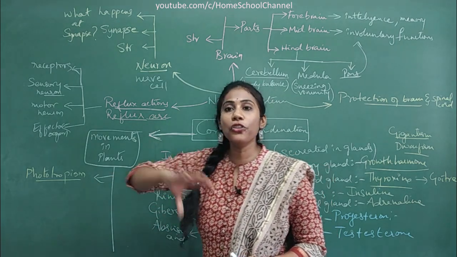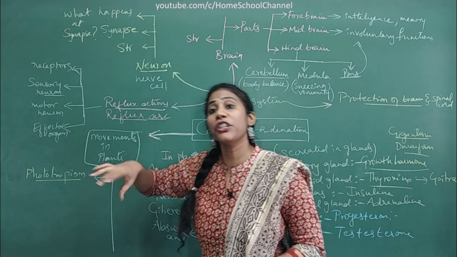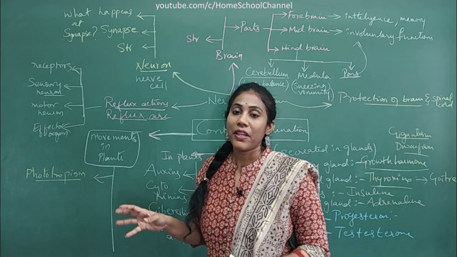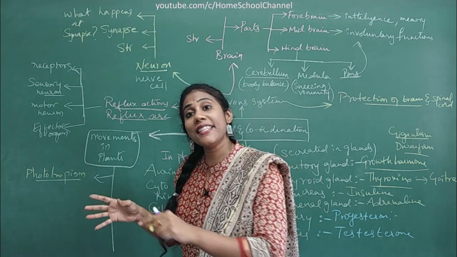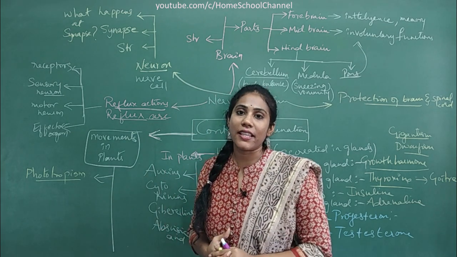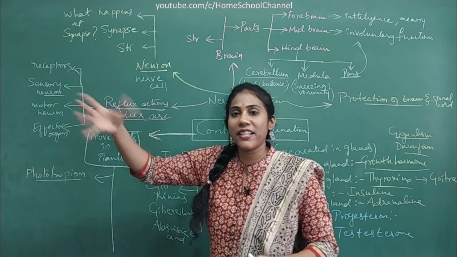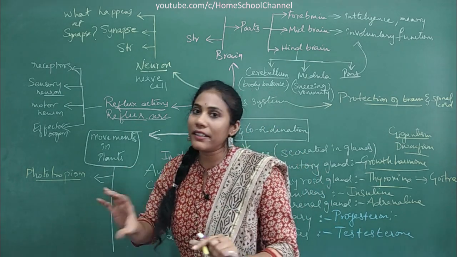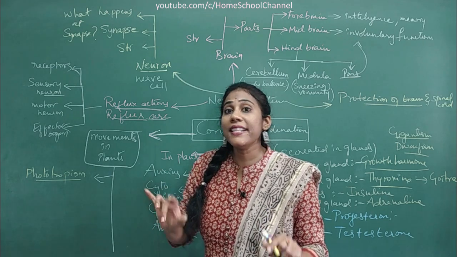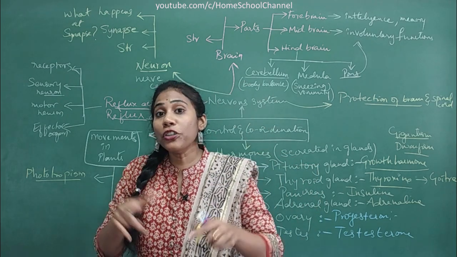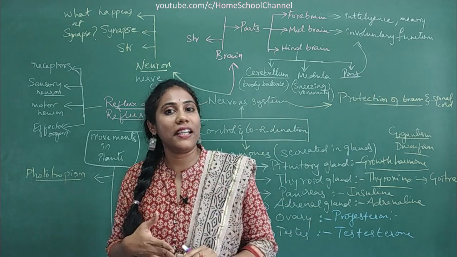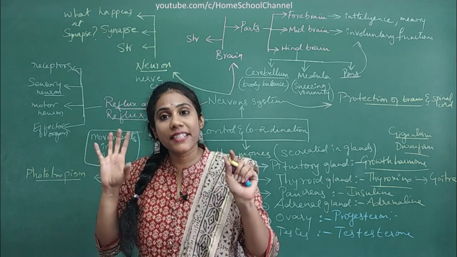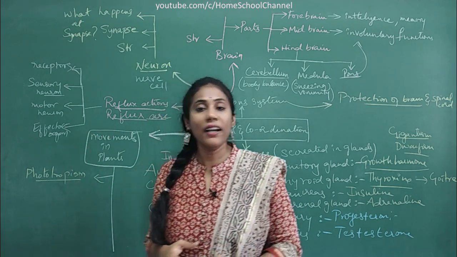So here shoot or stem is positively phototropic, we say. At the same time, root is negatively phototropic, we say, because the root is not facing towards a light. The root is opposite to a light. I mean, it is deep under the ground, right? So the root is negatively phototropic. Root will not move according to a light, right? So it is the stem that is moving according to a light.